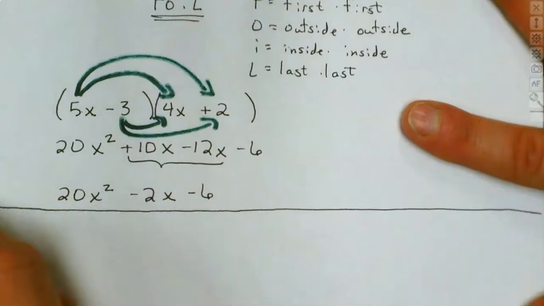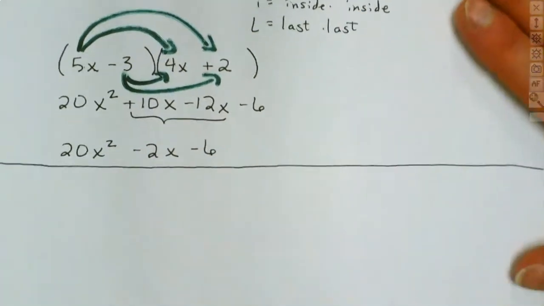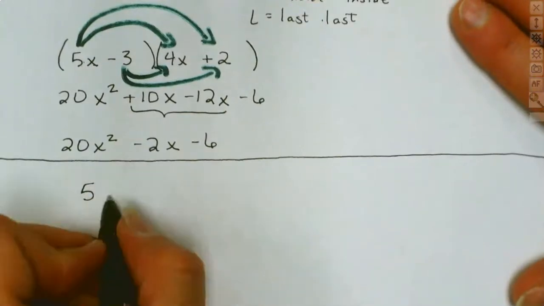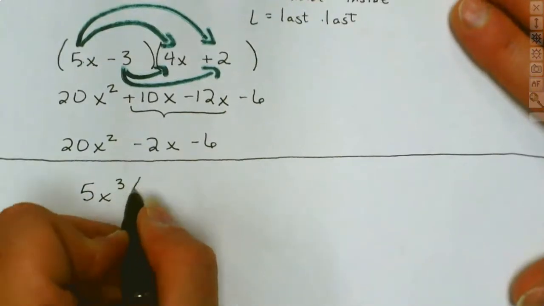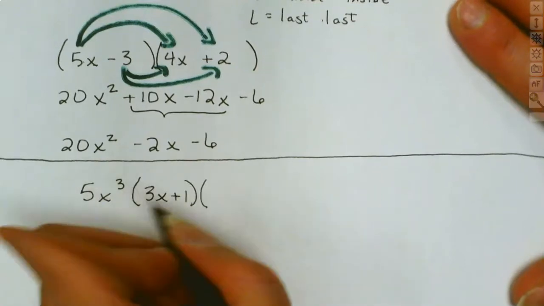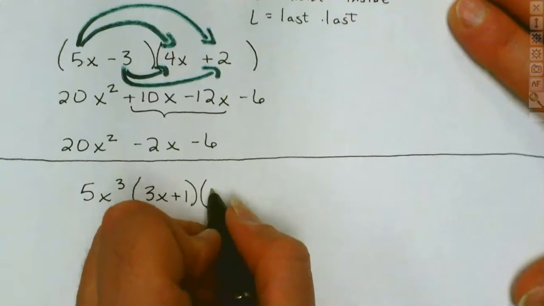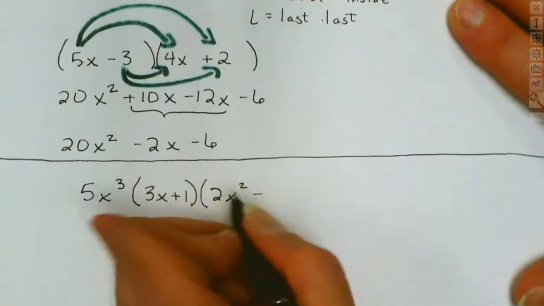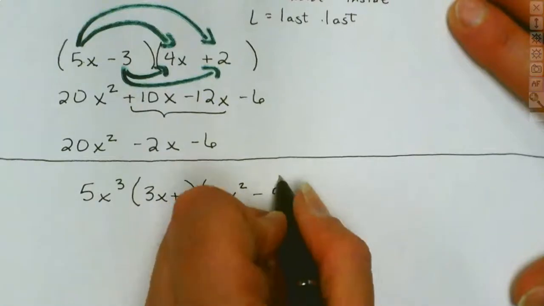What about if there's something in front? If I gave you, let's say, 5x cubed times 3x plus 1 and 2x squared minus 9.